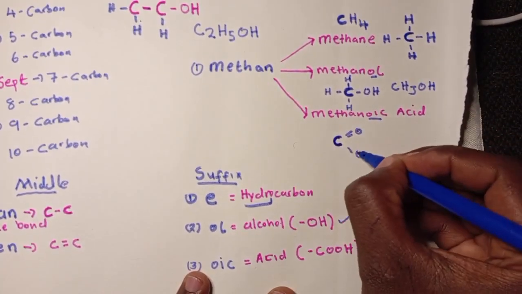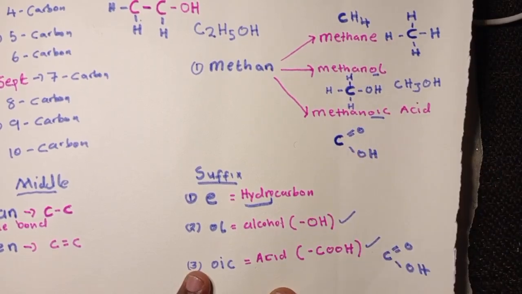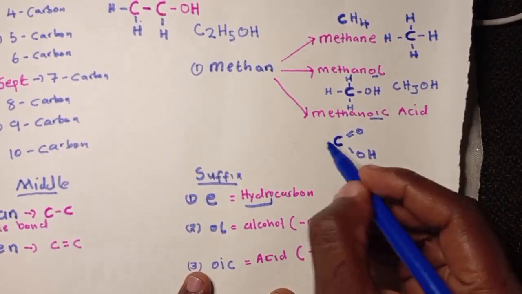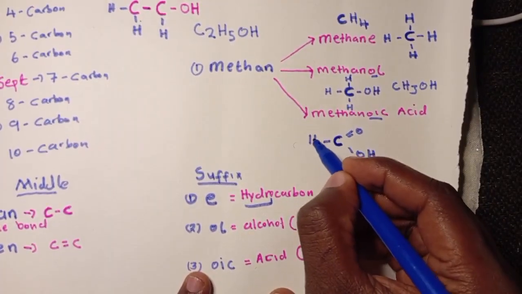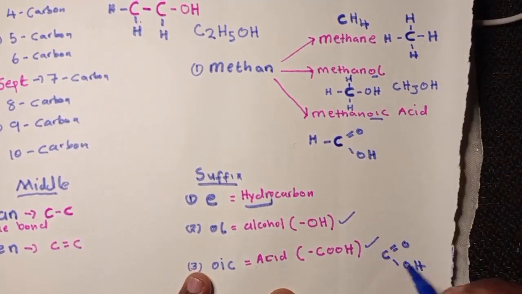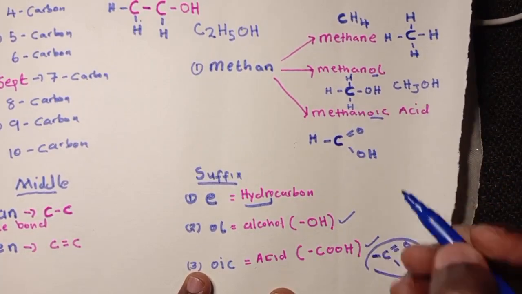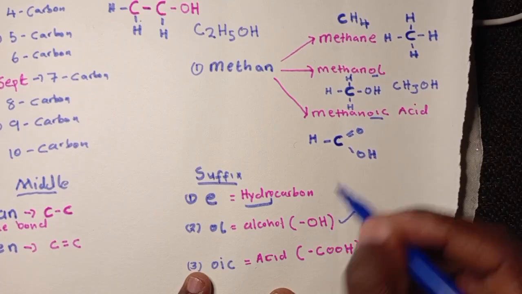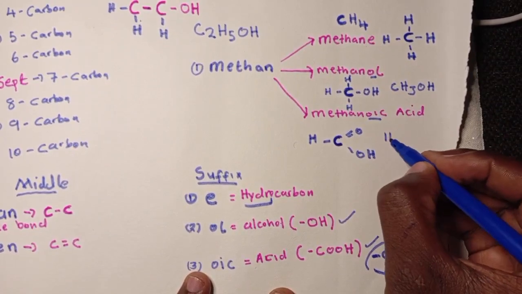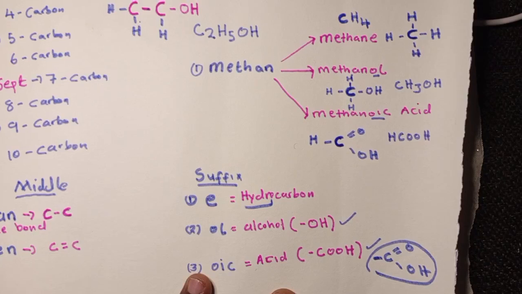Now remember, carbon has the ability to form 4 bonds, but here I've written 1, 2, 3. So I'll just add 1 here. This is how this compound looks. This part you just have to know: the oic has got this shape. That's why I've added it here. The OH is just like that. This is called methanoic acid.